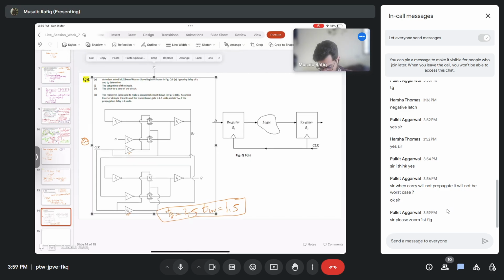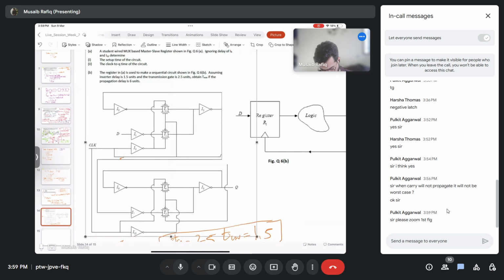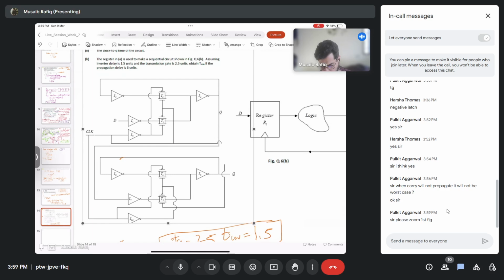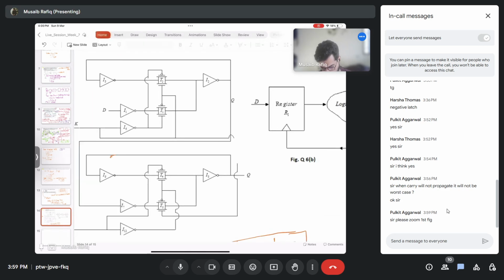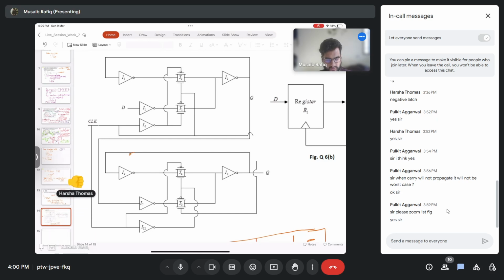Okay, this one. Is it better now? It's exactly the same circuit as it was previously.